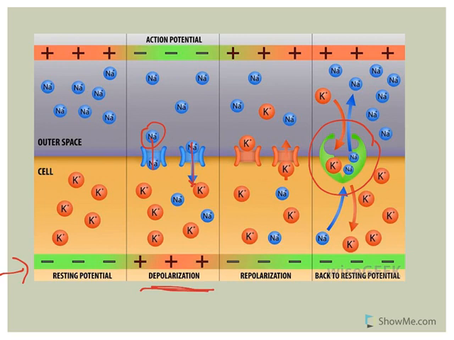During repolarization, potassium is leaving the cell, and we're getting back to that negative number. Now we want to get back to that resting potential and have the distribution the way it's supposed to be again, so you have the sodium potassium pump. It's going to pump out 3 sodiums in exchange for 2 potassiums.